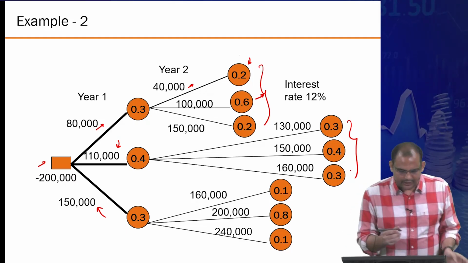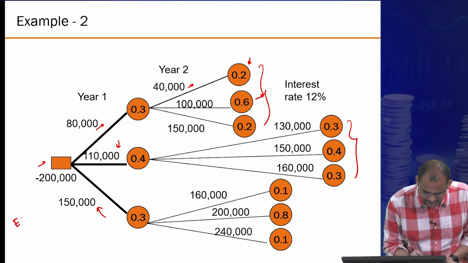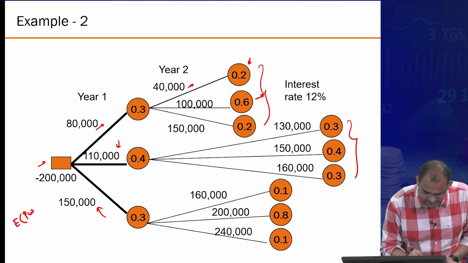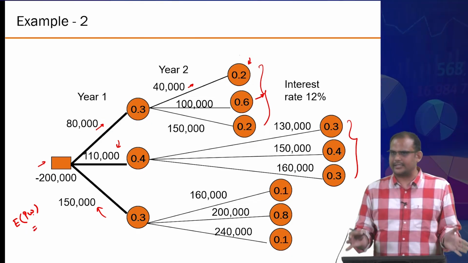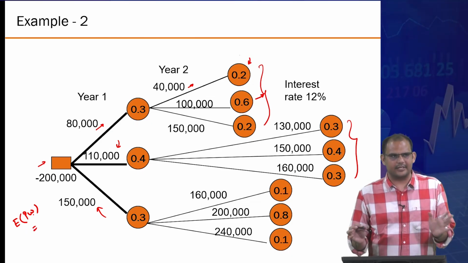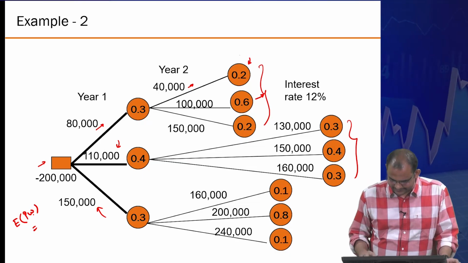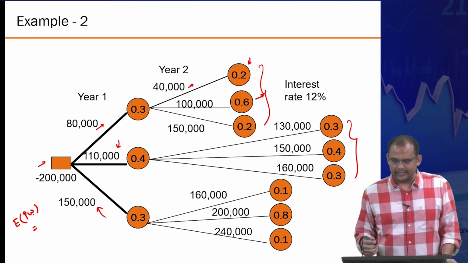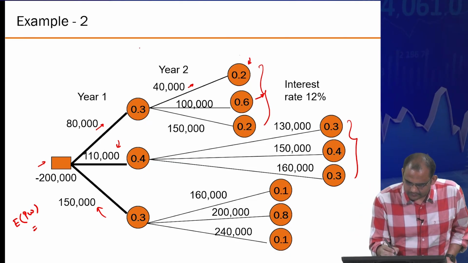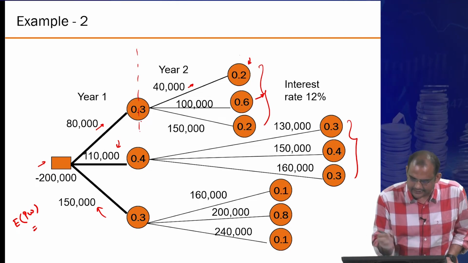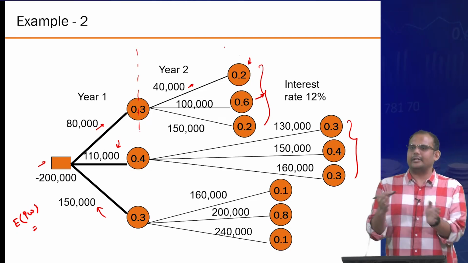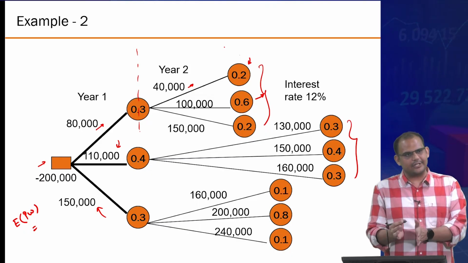Okay, so if the question is to estimate the expected value of the present worth of this entire probability distribution that I have given, there are 2 methods. One is you crash your analysis on each of these nodes.